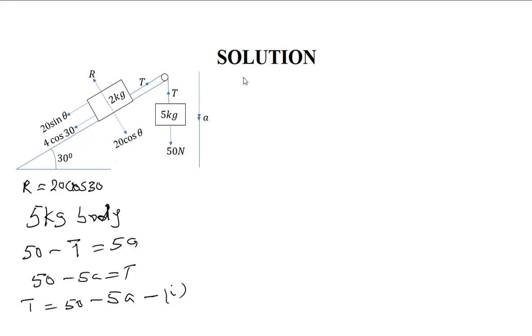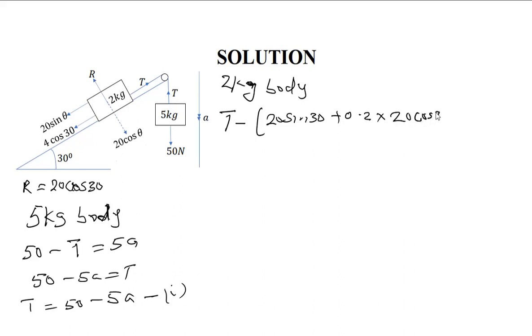Now for the 2 kg body, we have T, tension, minus 20 sine 30 plus frictional force, which is the coefficient of friction 0.2 times the normal reaction, which is 20 cos 30, equal to MA.